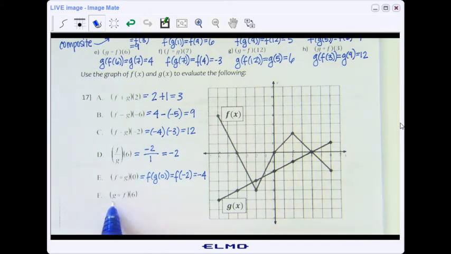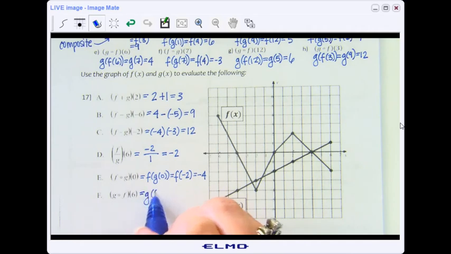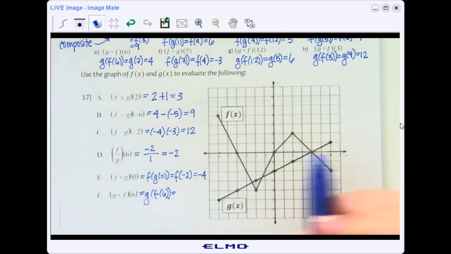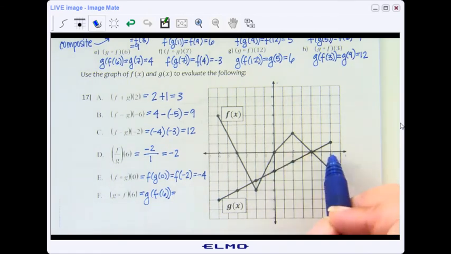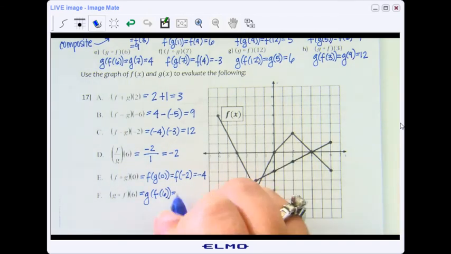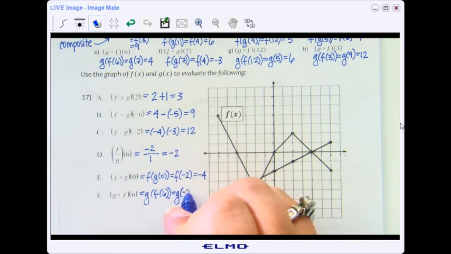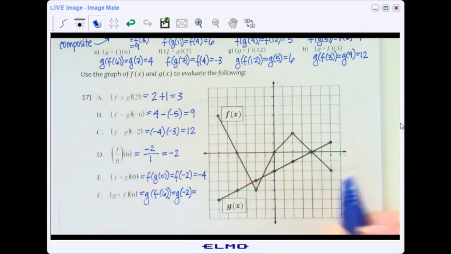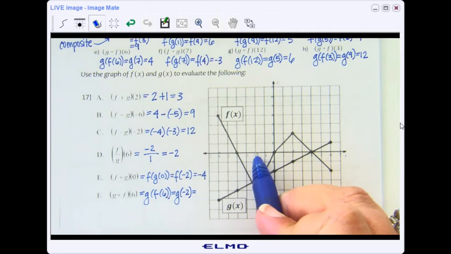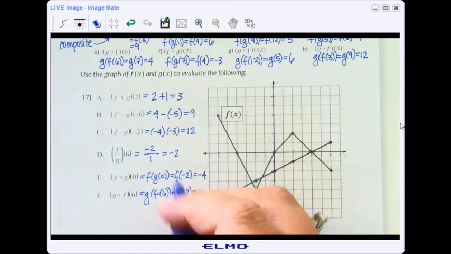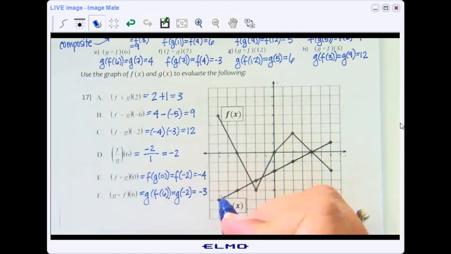We're finding g of f of 6. Well, what is f when x is 6? It's negative 2, so I'm finding g of negative 2. What is g when x is negative 2? Is negative 3. So g of f of 6 is equal to negative 3.